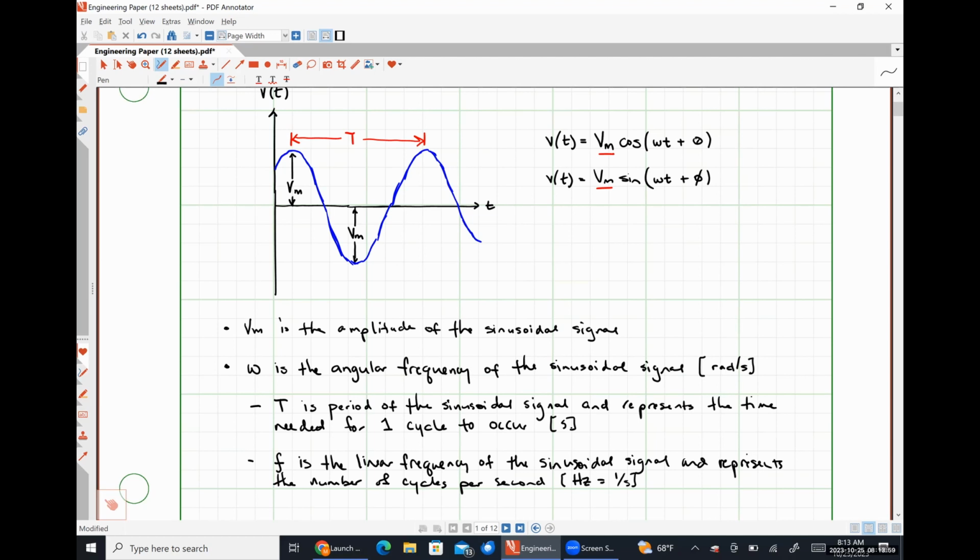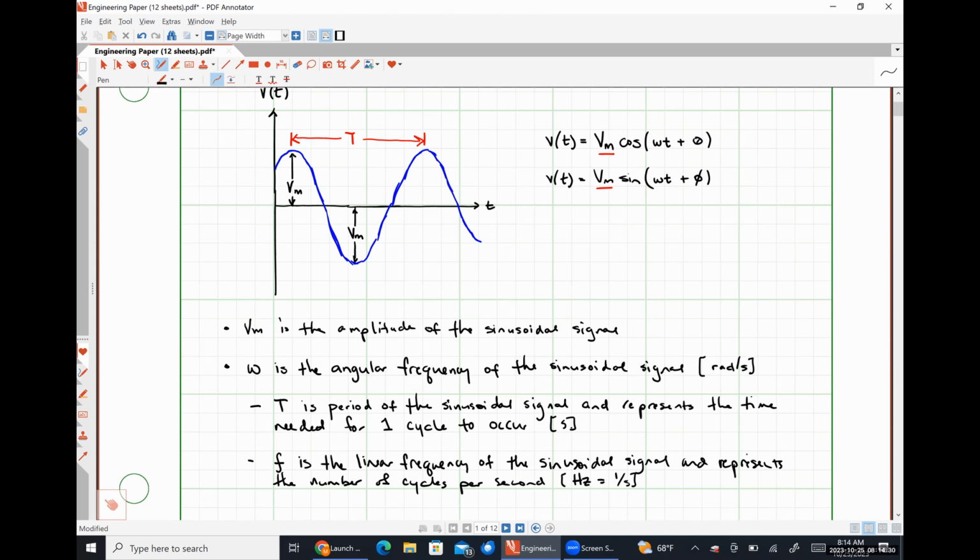Okay? So let's talk about the relationship between these two quantities. Okay? So capital T is the time necessary for one cycle to elapse. Our frequency in hertz is the number of cycles that elapses in 1 second. So T and F are just the inverses of each other, right? Because the number of cycles per second, the inverse of that is the number of seconds per cycle, right?